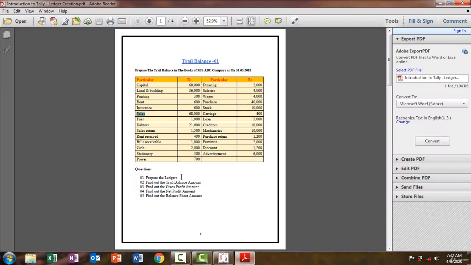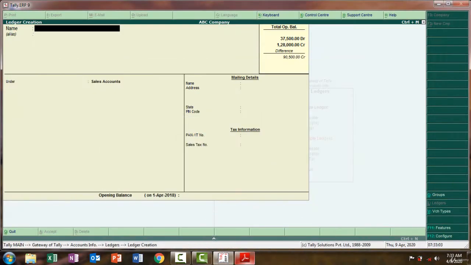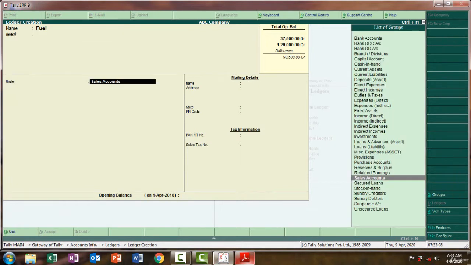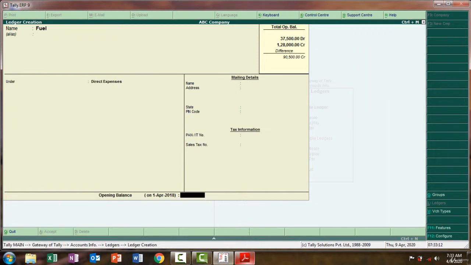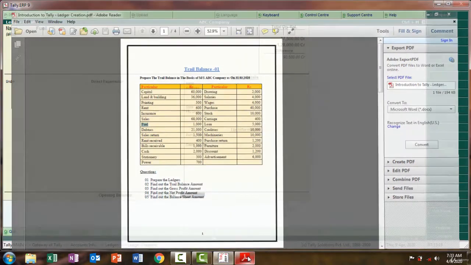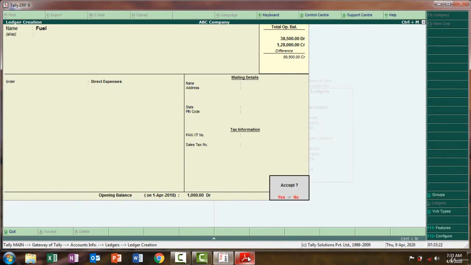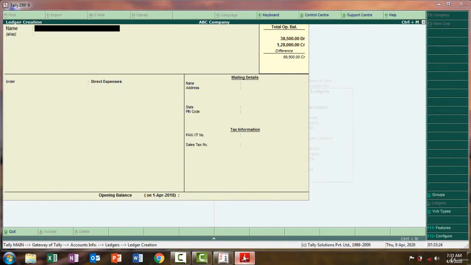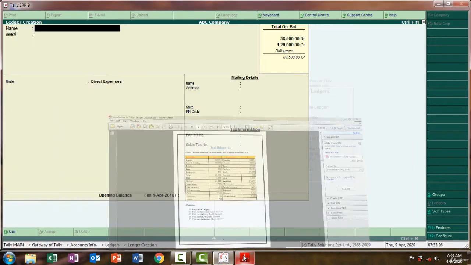And then the next one, fuel, is a direct expense in our company, because when we are working in manufacturing, fuel is very important, so it deals directly with the expenses. So I'm going to choose direct expenses, and the direct expenses account is always debit. So the amount is 1000 debit.